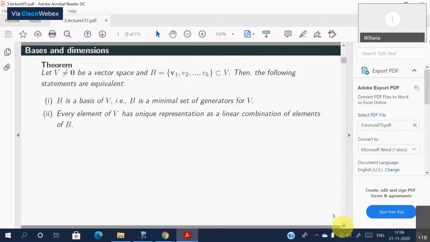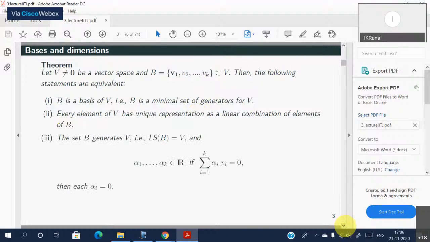Every element of V has a unique representation as a linear combination of elements of B. See, when you say it is a minimal set of generators, so generators means every vector in V is a linear combination, right? And the definition says it is a minimal set with that property. And property 2 says this is equivalent to saying that every vector is representable as a linear combination and it is unique. So the two are equivalent.